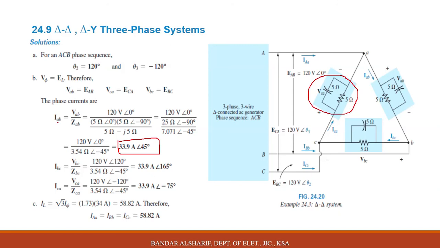This is for IAB. If you need to find IBC, the magnitude value will be the same, but the angle is different. You will notice that between 45 and 165 there is a 120 degree shift. If you continue solving, 120 angle minus 120 divided by the impedance, you will get 33.9 ampere and angle minus 75.